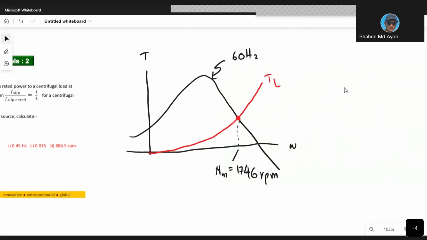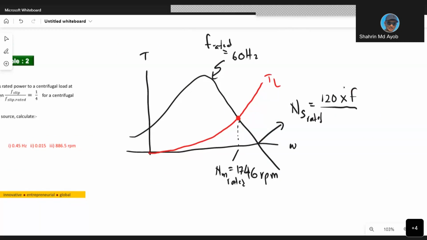So right now, what you need to do is to calculate what is your synchronous speed, Ns. 120 multiplied with the frequency. So this one is rated, this one is also motor rated, this one frequency rated. Okay, all are rated. So what is the synchronous speed?